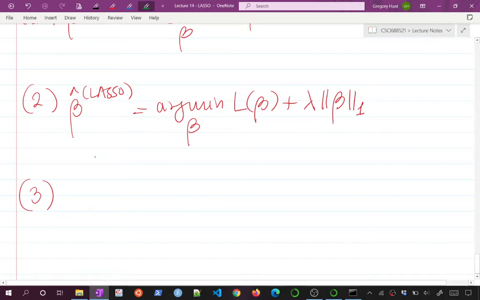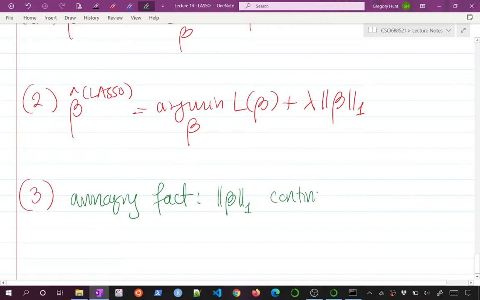The annoying fact here about lasso is that while this 1 norm is continuous and convex, it is not differentiable.